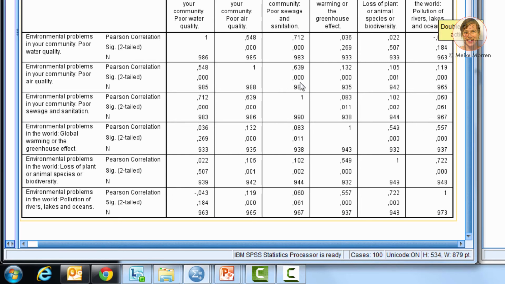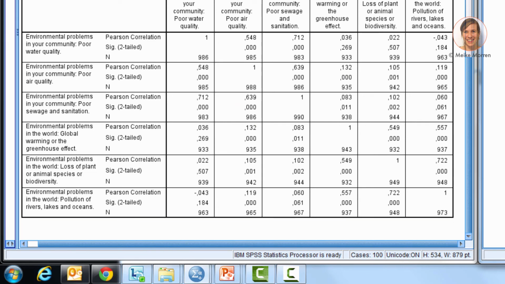As you can see in the correlation matrix, the first 3 items correlate more highly together than with the last three items. So here you have very low correlations between the items of the world and the items of the community. However, the items of the world also correlate highly together. So here you can already see some of the two-dimensional structure.